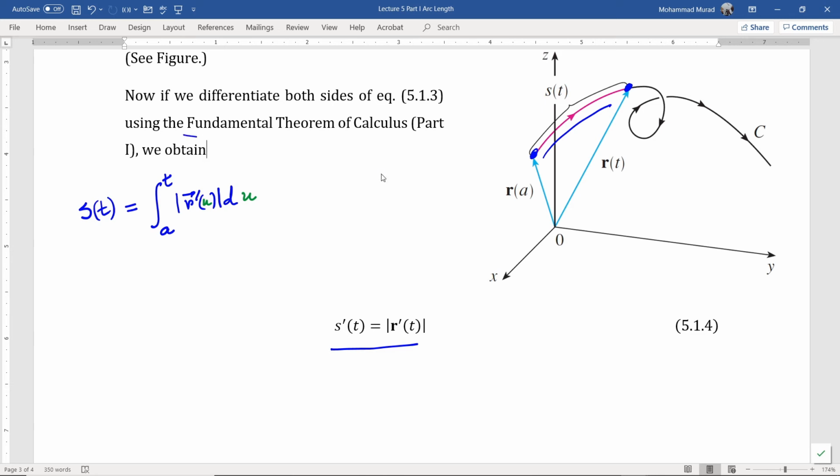The application of fundamental theorem of calculus, part 1. Please consult your textbook.